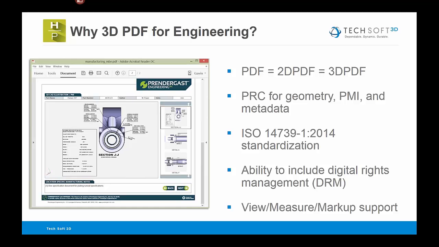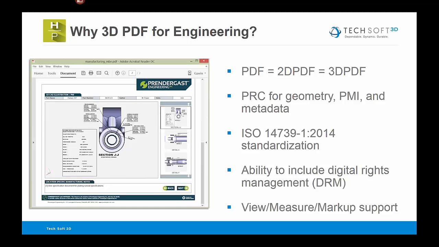That is different than a tessellated format like U3D, which doesn't give you the ability to include a lot of that information. That PRC format is part of the ISO standards body, and so you're able to be assured that that data is going to continue to be supported going forward by an independent community rather than a specific vendor.